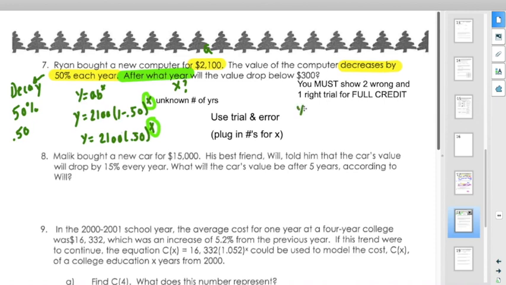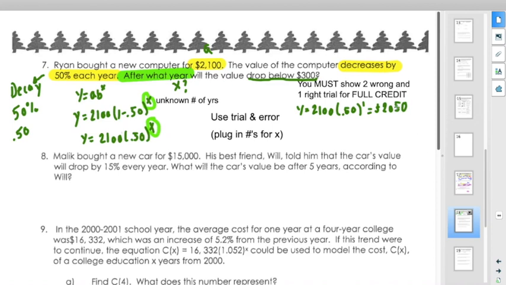x equals 1. So I'm going to do y equals 2100 times 0.5 to the 1. If I put this in my calculator, I will get 2050. And again, I'm looking for where it's going to drop below 300.